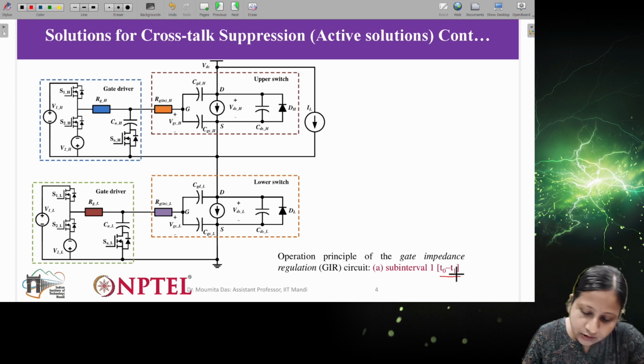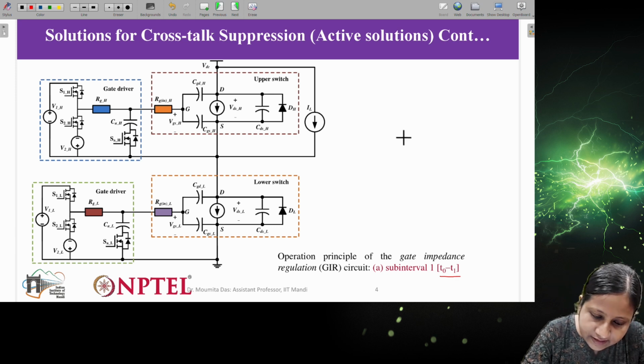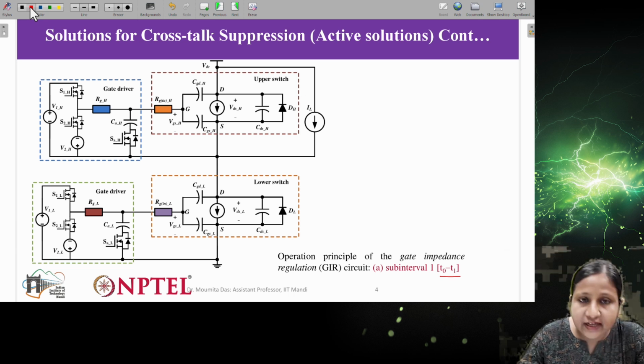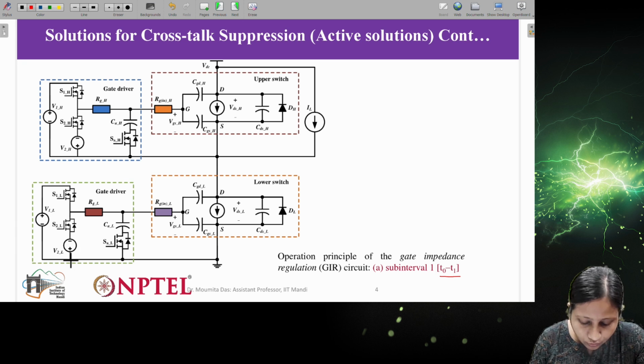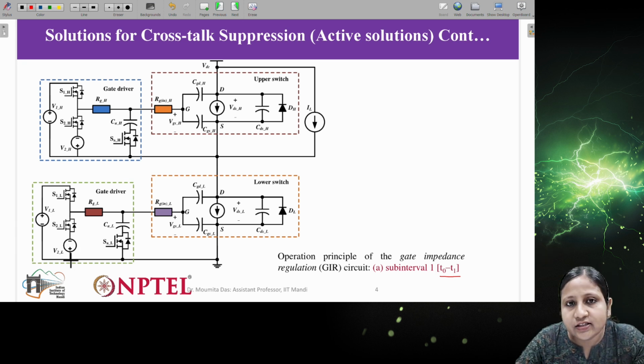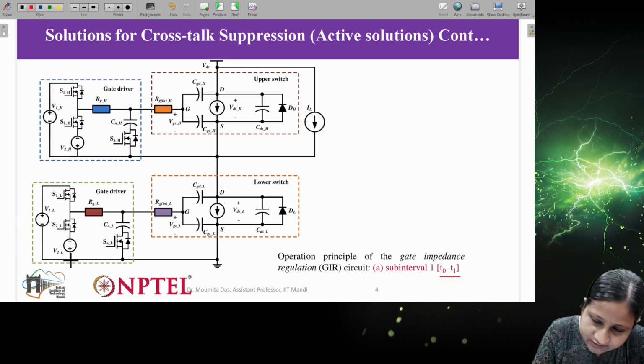In this duration, V2H or V2L will charge the auxiliary capacitances. And what will be the charging path? The charging path will be like this.